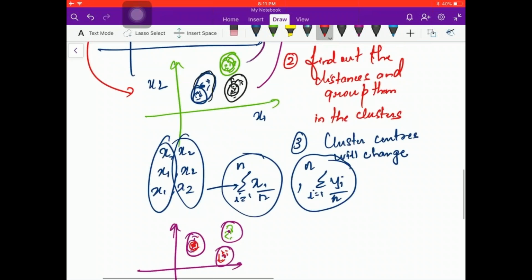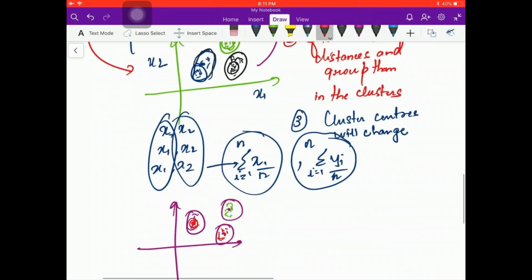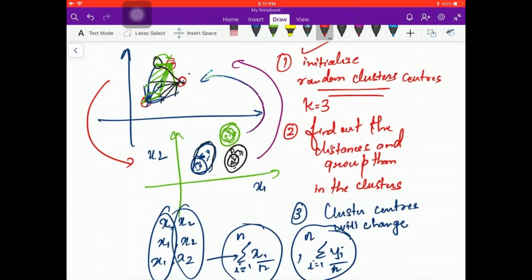Sunil, I saw that you're not very clear on this. Can you just specify which part you're not clear so that I can revisit that? So basically, we are taking points, assuming we have x1, x2, x3, 3 points, and we have not been given any y.